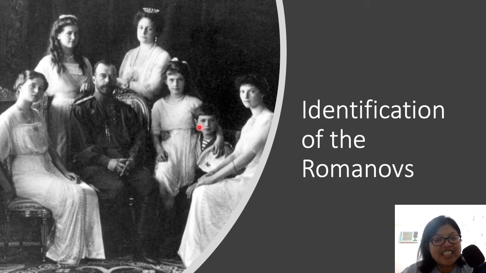Since 1918, over 200 people have claimed to be one of the 5 Romanov children. Now, in the summer of 2007, a group of amateur archaeologists discovered another mass grave, where they found 44 sets of bone and teeth, and they wondered if this is the second grave where some members of the Romanov family and the servants were disposed.